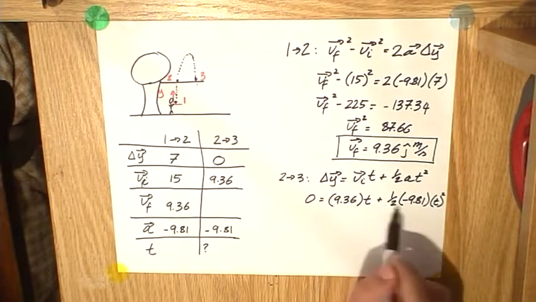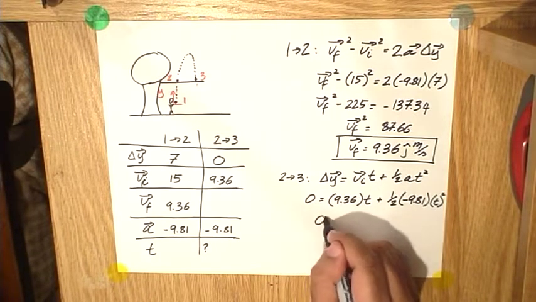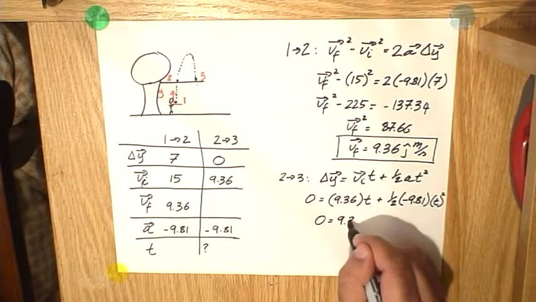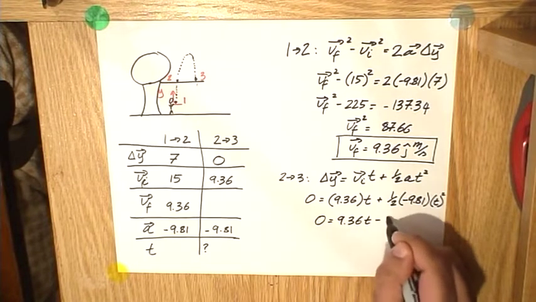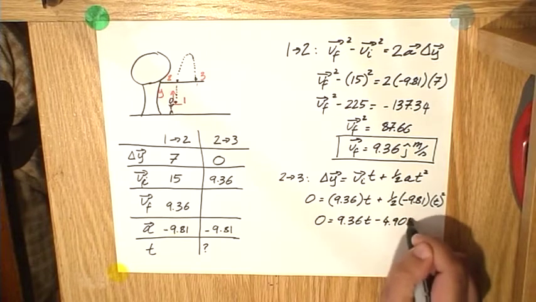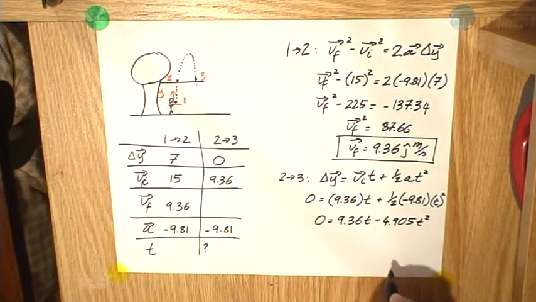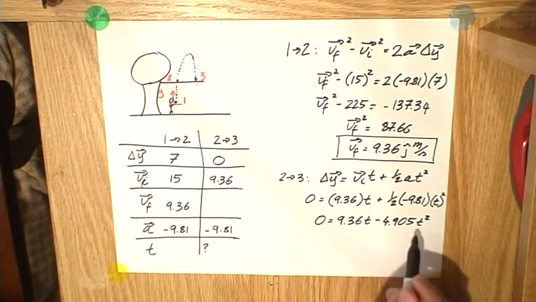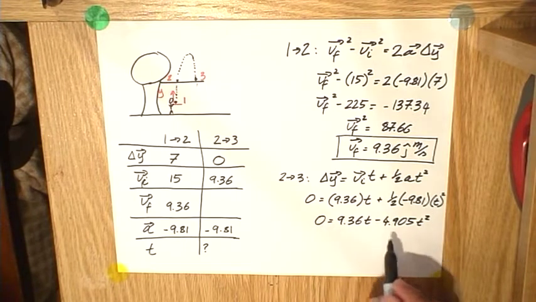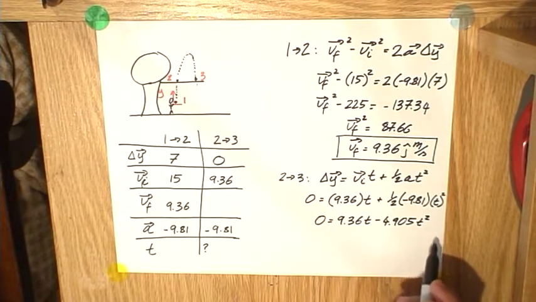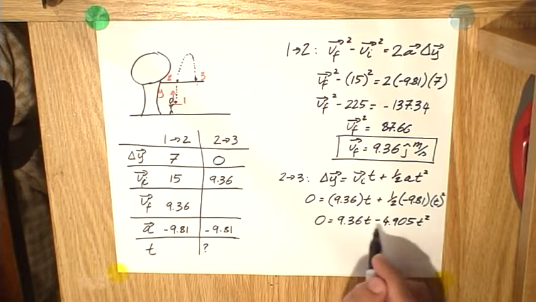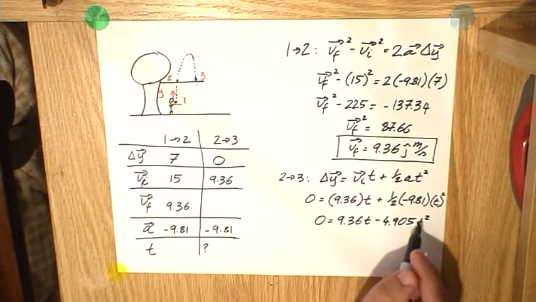Now, this equation can be simplified like this. 0 equals 9.36 t minus 4.905 t squared. You could solve this with the quadratic formula if you really wanted to, but that's just a lot more work than what's really needed. This equation is simple enough to solve by factoring. I can divide everything by t, and I can move this 4.905 t squared to the other side.